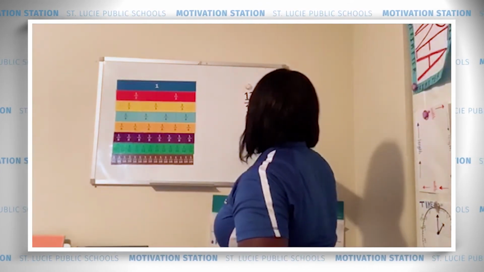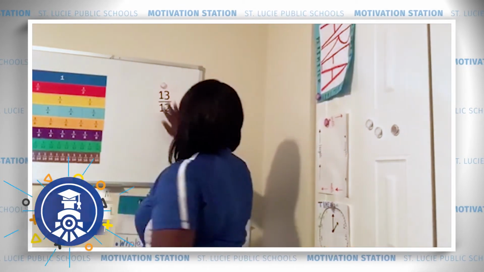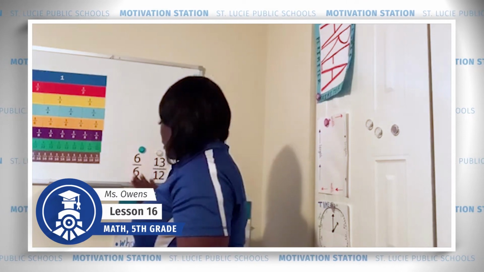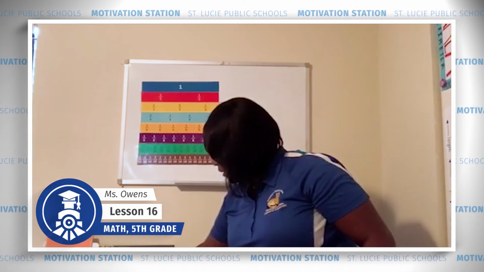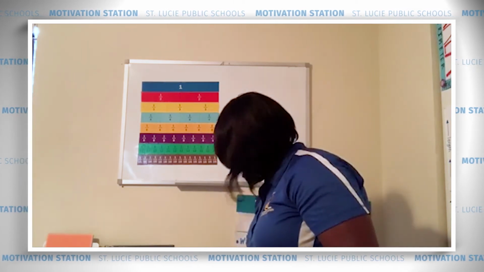Here's my 1/2. Well, in order to get 13 12ths, you're going to need an additional 12th. So what does that tell me about 13 12ths?